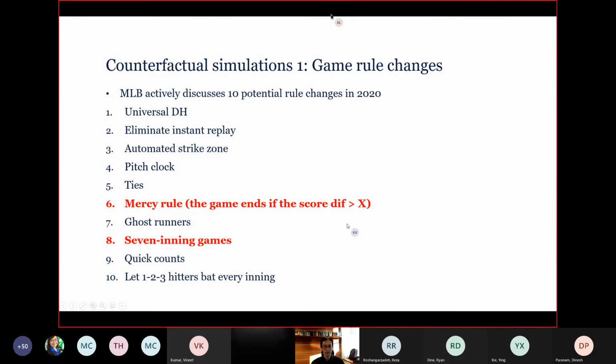A key assumption we have to put in this counterfactual is that the baseball teams are not going to change their strategies radically when the game rules are changed. So we are not endogenizing the strategies taken by the baseball teams. We have to keep that part exogenous. That's a strong assumption, I agree, but we can probably look at the short-term effect of those rule changes.